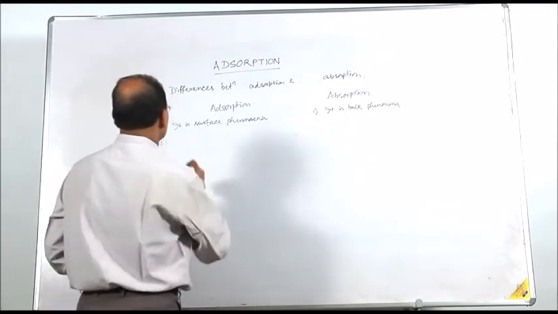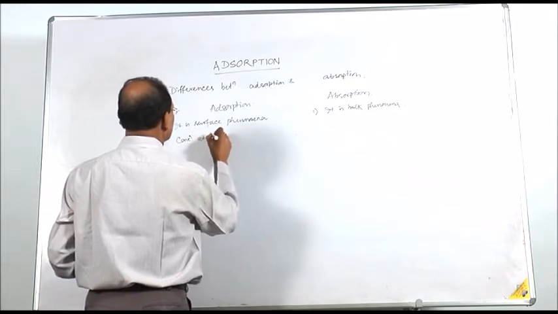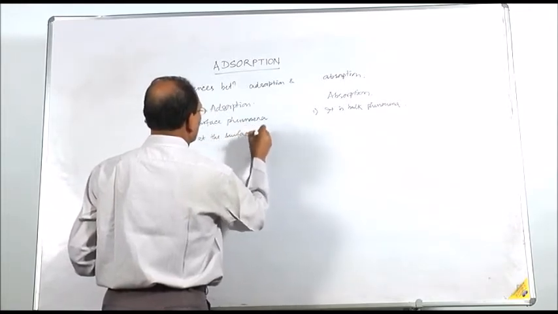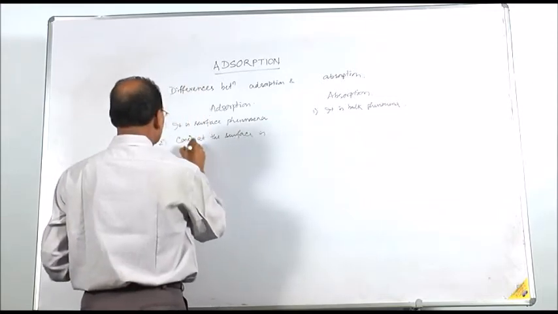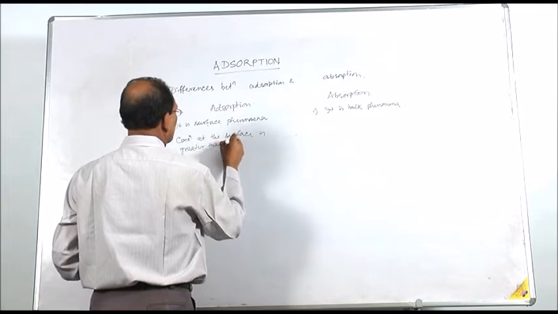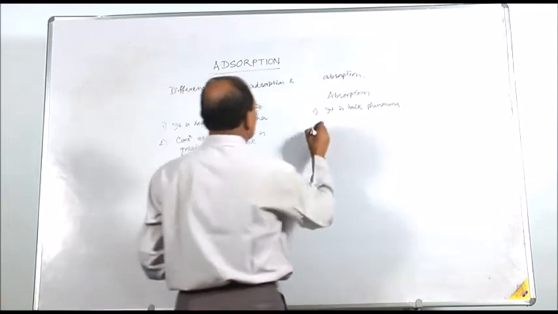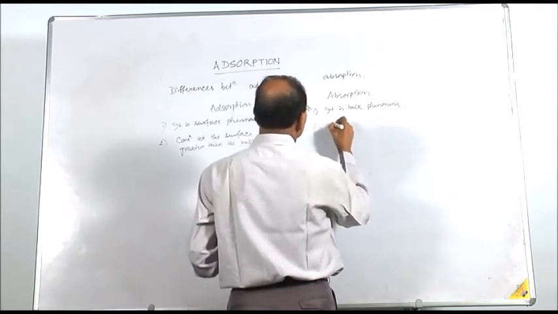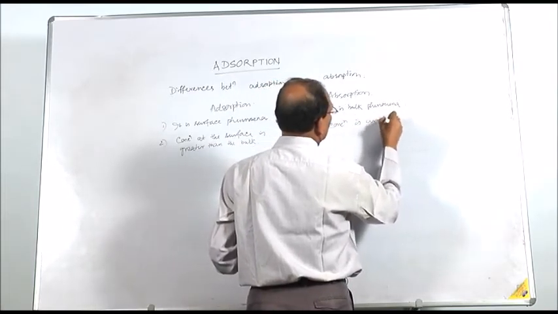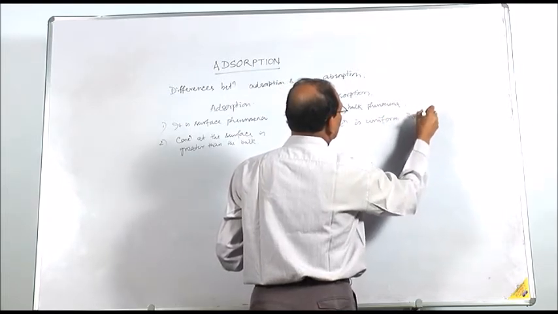Second point, the concentration at the surface is greater than in the bulk, whereas in absorption the concentration is uniform throughout the system.